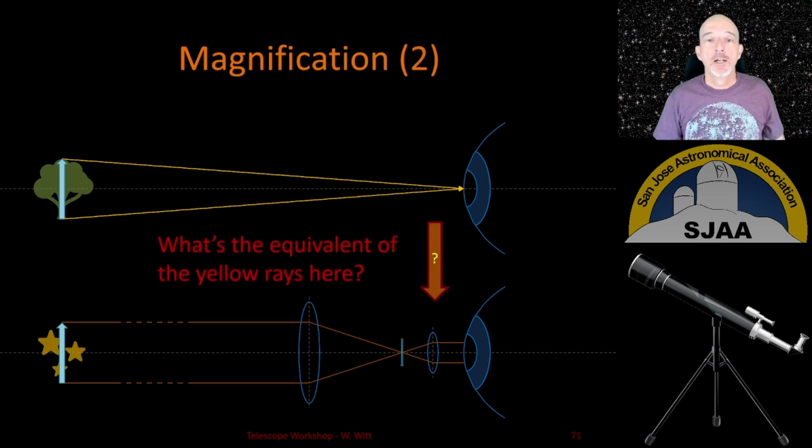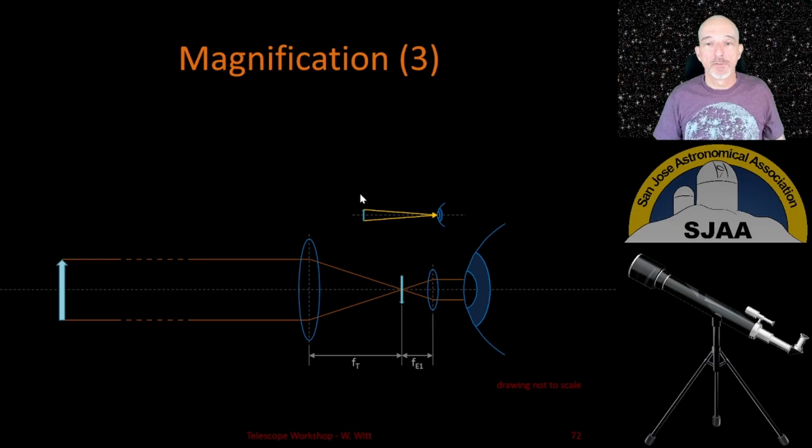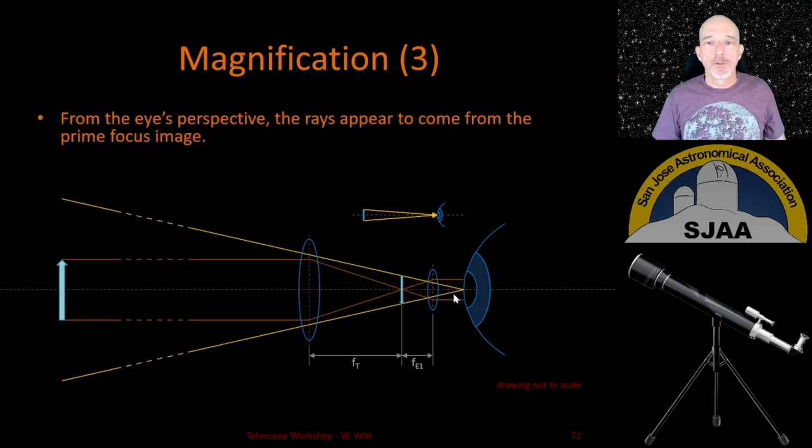So we can ask, what's the equivalent of the yellow rays in the bottom diagram? Okay, and so let's think about that. So again, for reference, here's how the eye sees without any lenses at all, and here is our lens system. And so really what's happening is that from the eye's perspective, the rays appear to come from the prime focus image. With the lenses in the system, the eye is basically seeing the prime focus image.